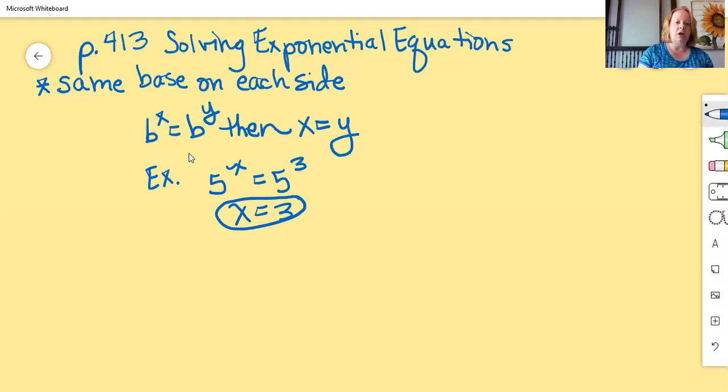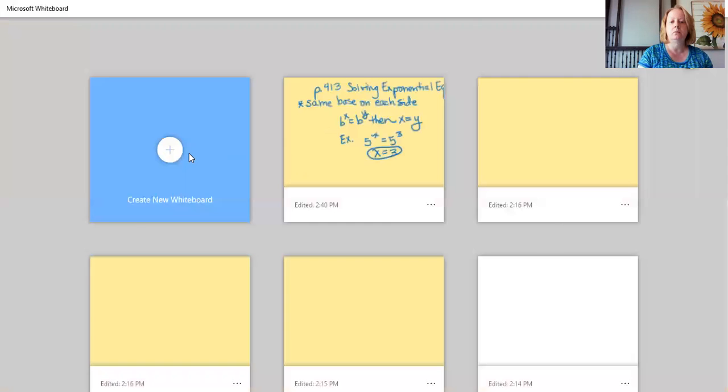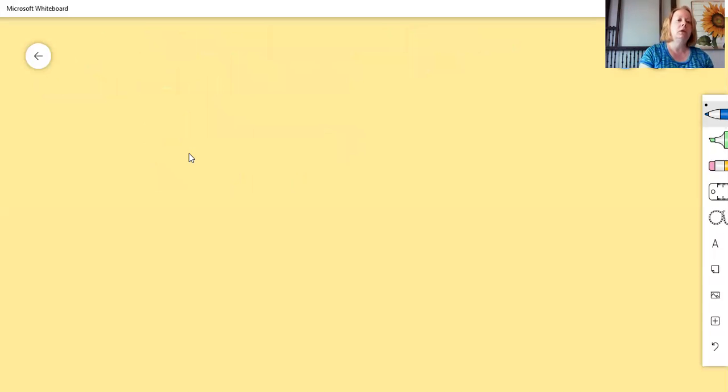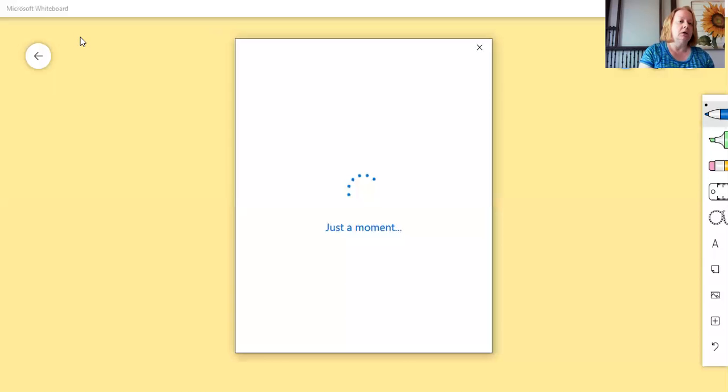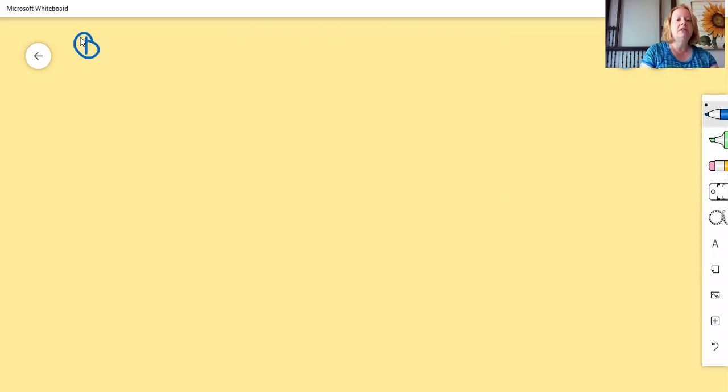So let's just start out with a simple example here, and we'll go to another board. So number 1 here. We have 6 to the x equals 216. So we want to write 216 as 6 to a power.